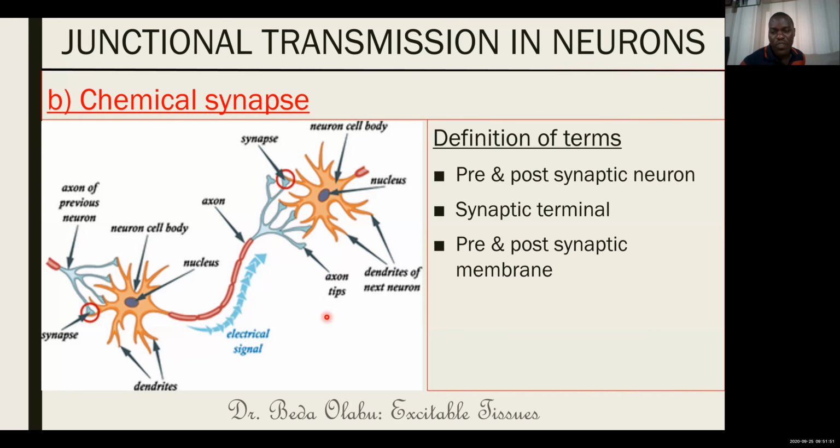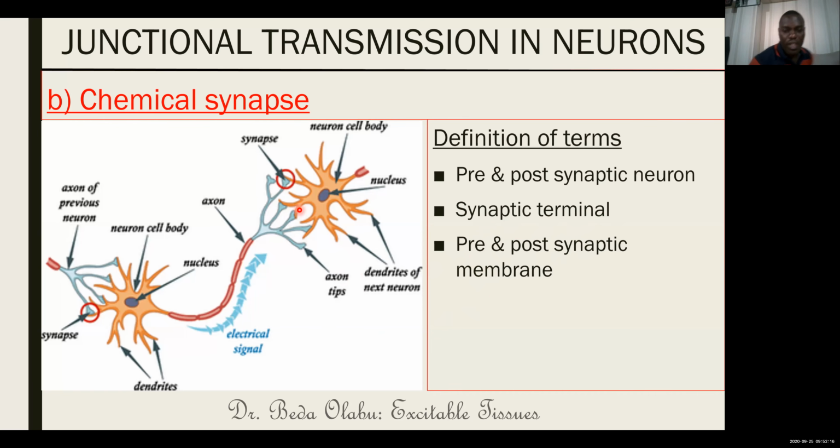The other terms to define are pre and postsynaptic membrane. This axon, of course, is a cell, so it has a cell membrane. The cell membrane of the axonal terminal, or the synaptic terminal, is what we are calling the presynaptic membrane.